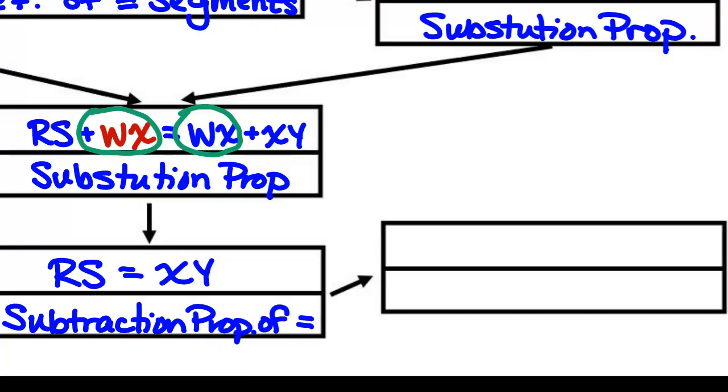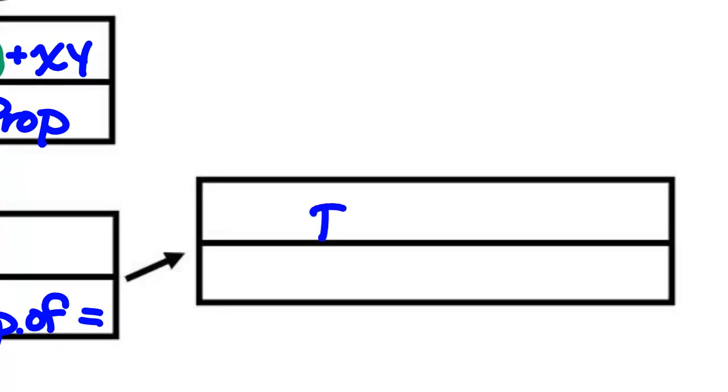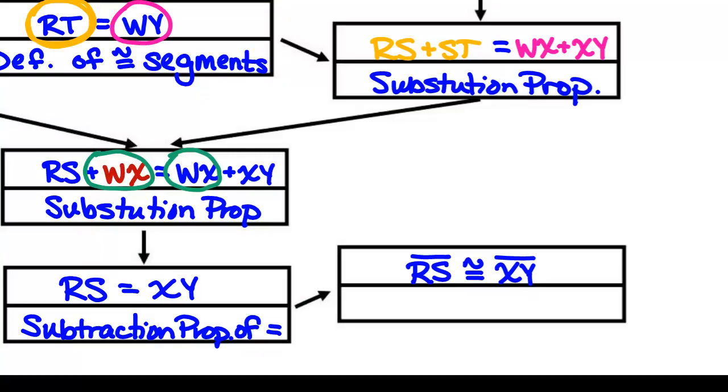Well, if I know that RS is the same size as XY, then what do I know about those two segments? If I know they're the same size, then they have to be congruent. Segment RS is congruent to segment XY. What am I using to be able to say that? I knew back here that they were the same size.